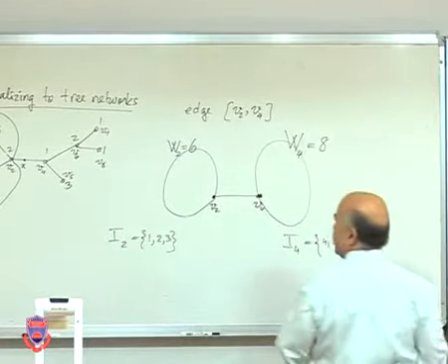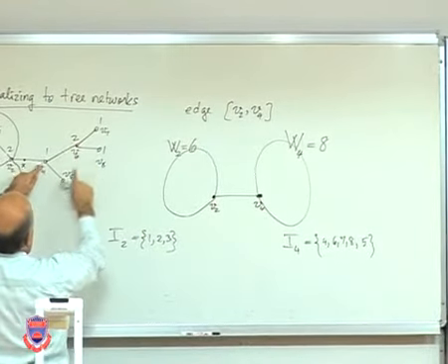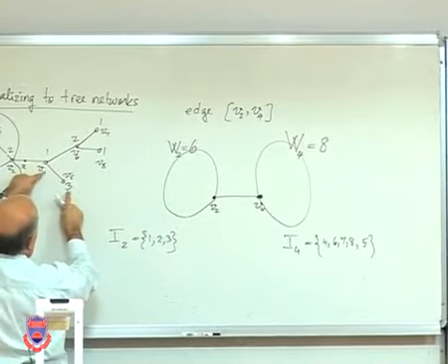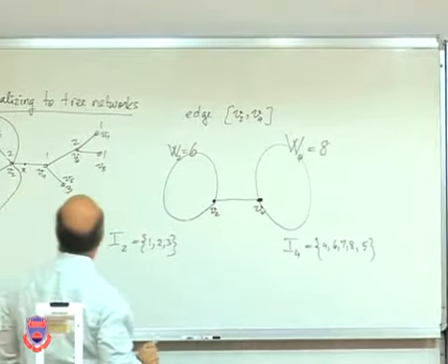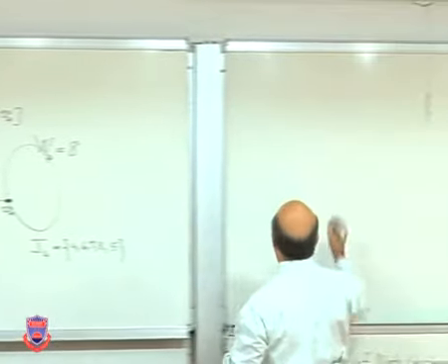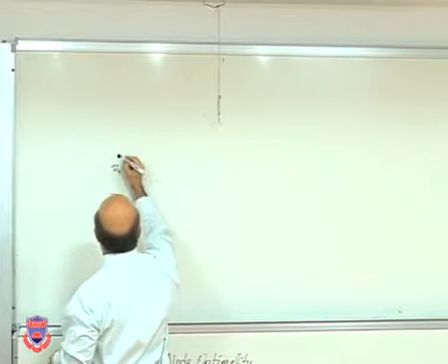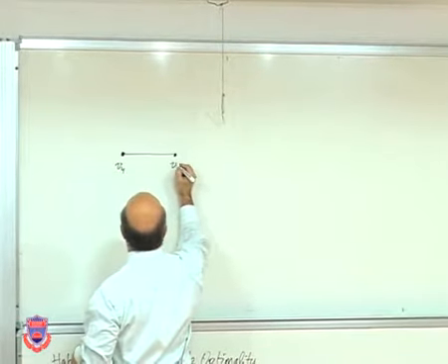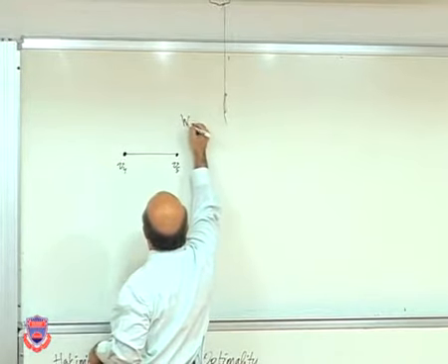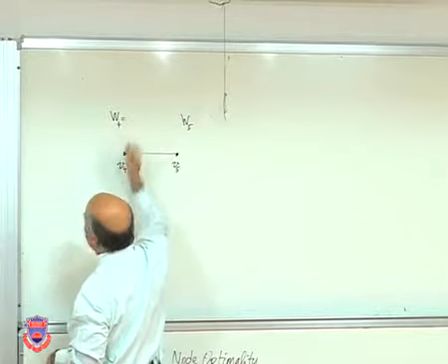So when you look at that one, you might want to consider either 1, 2 or 4, 6 or 4, 5. Which one do you want to pick? Let's pick 4, 5, for example. What's the total weight on this side and the total weight on this side?